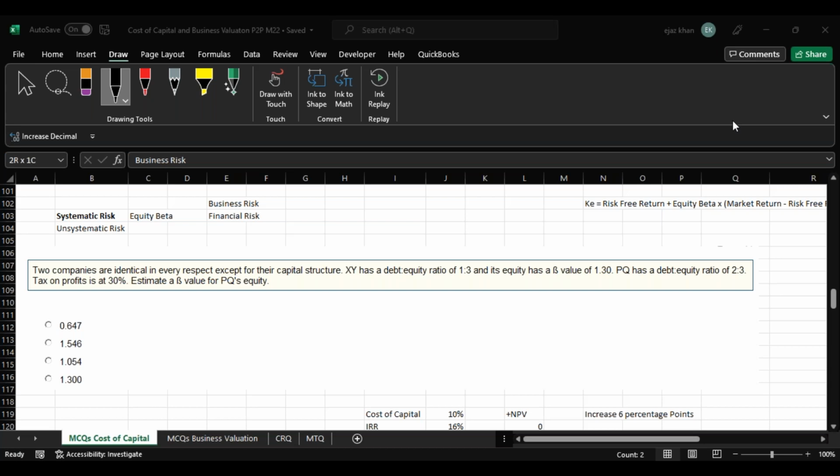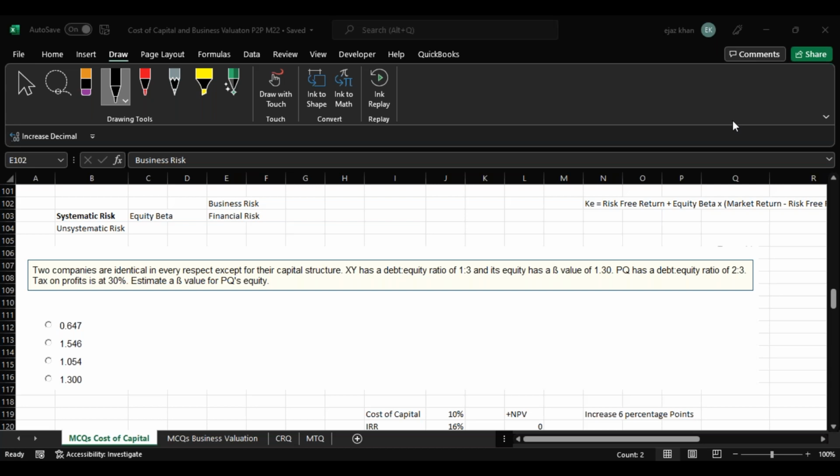So if the sales volume of a company goes down to such a level that the company is not able to cover its operating costs, if the company feels that this may happen in the future, that's called business risk. The risk of failing to cover the operating costs is called business risk, and it usually arises because of fixed cost.